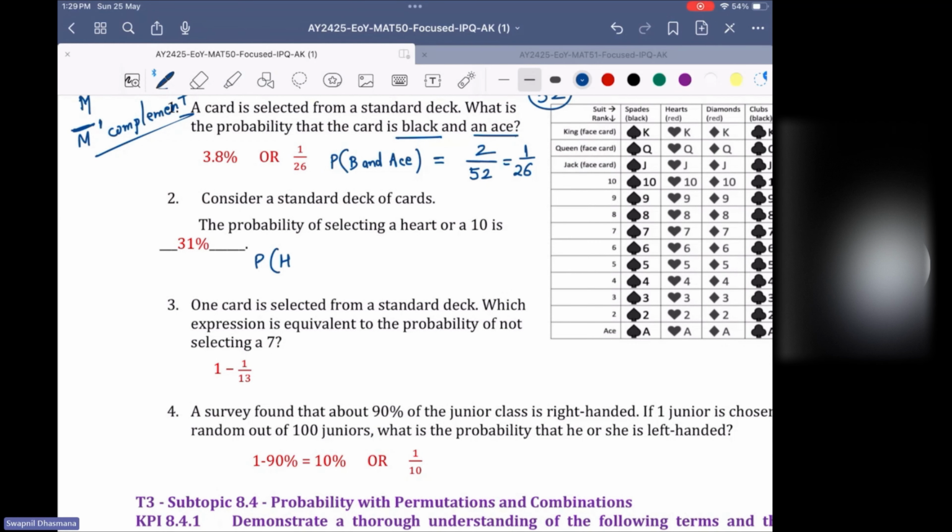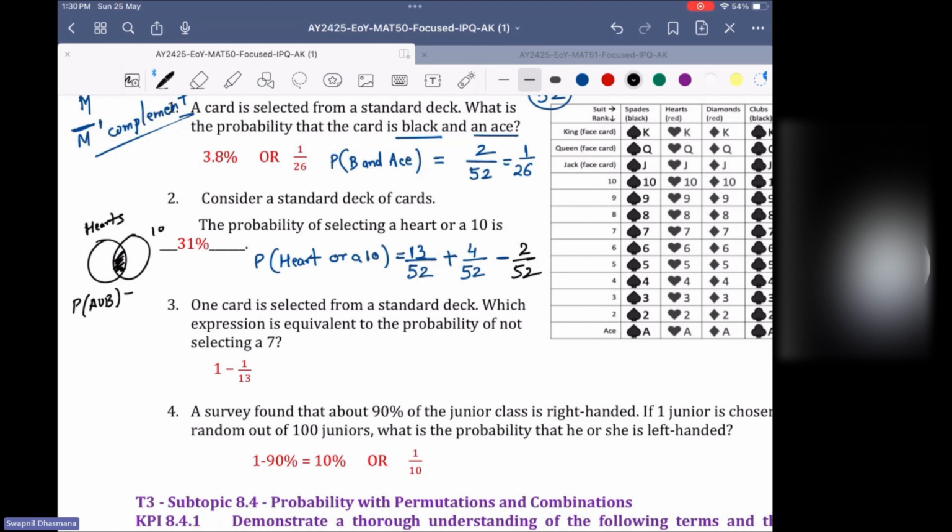Second one, consider a standard deck of cards, the probability of selecting a heart or a 10. I can solve it in two ways. Either there are 13 hearts out of 52, plus there are four tens out of 52, and you should subtract 1 out of 52, because there is only one heart which is also a 10.